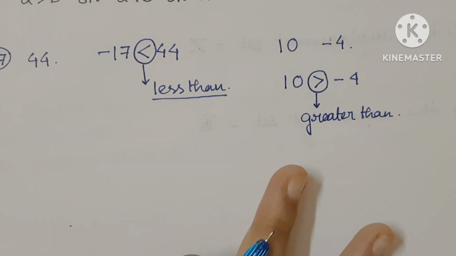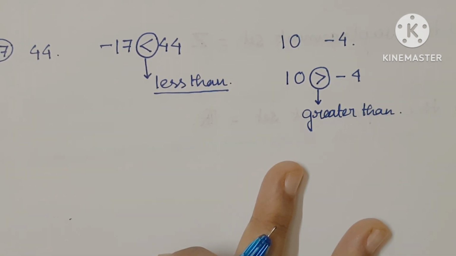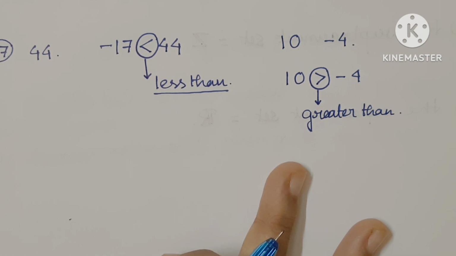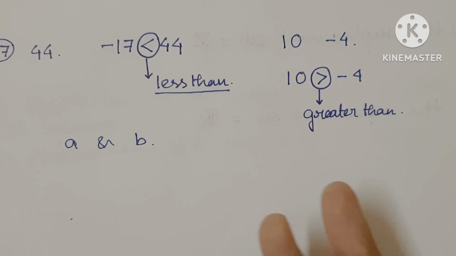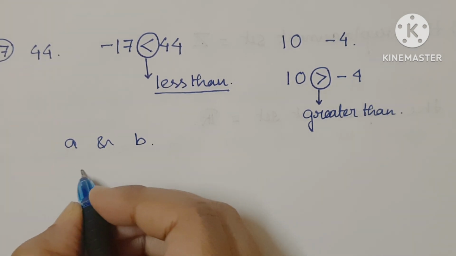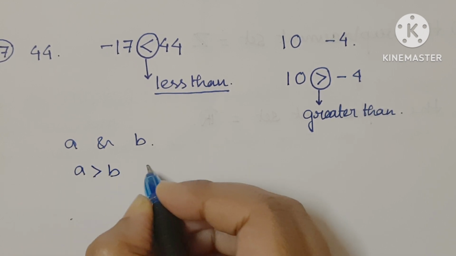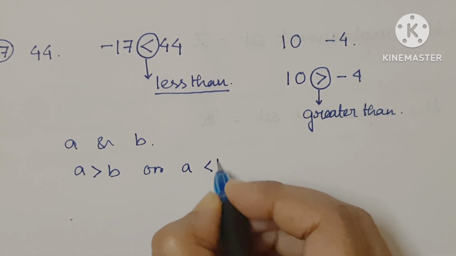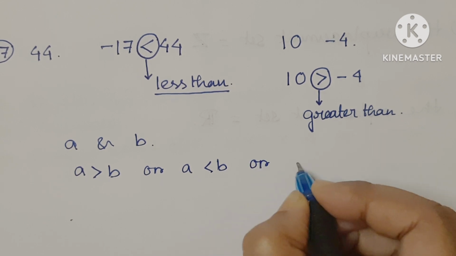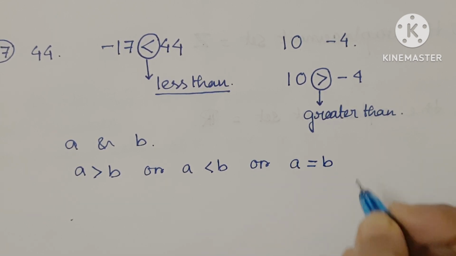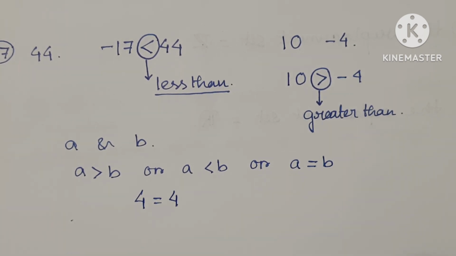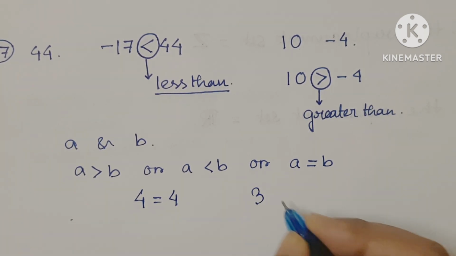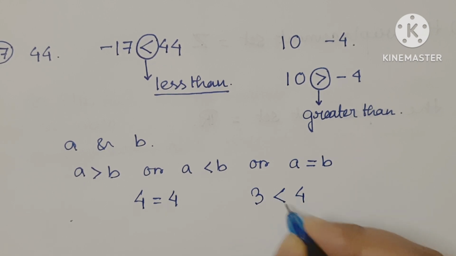Any two real numbers from the real number set, suppose A and B, have either of three relations: either A greater than B, or A less than B, or A equal to B, right? If you choose 4 and 4, 4 equals 4. 3 and 4, 3 is less than 4.